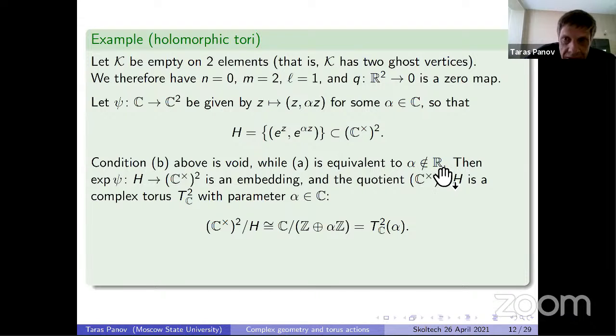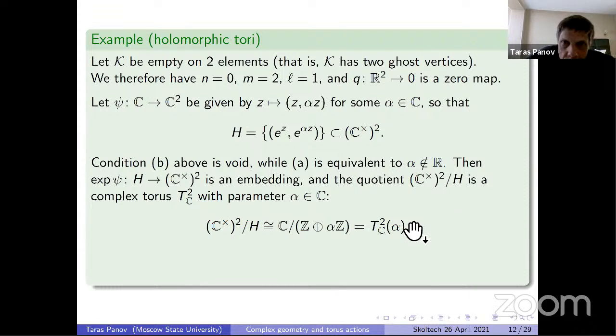If it has some real part, then it glues some points in C. But if alpha is not real, then it embeds C into C star square. And the quotient is just a one-dimensional complex manifold.